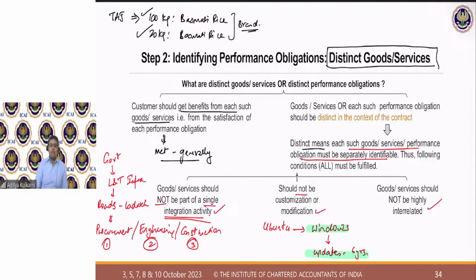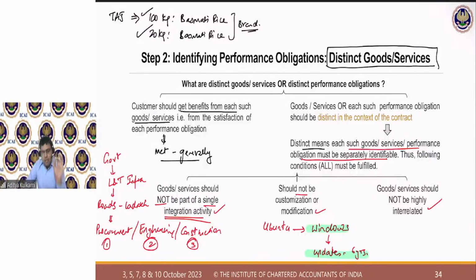So offerings are different, but they all come under the umbrella of software acquisition. So these updates, though they are different as such, because it is a separate offering, cannot be distinct in the context of the contract.